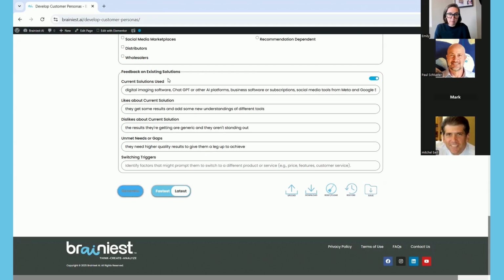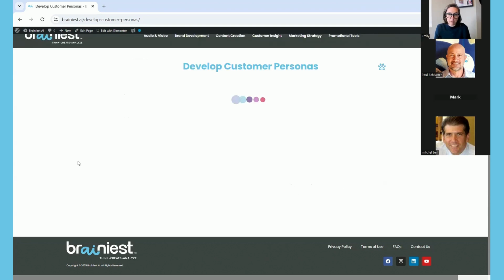So I'll show you what happens with this current one that I put in. I'm going to hit generate. And the little flashing dots show me that it is working.